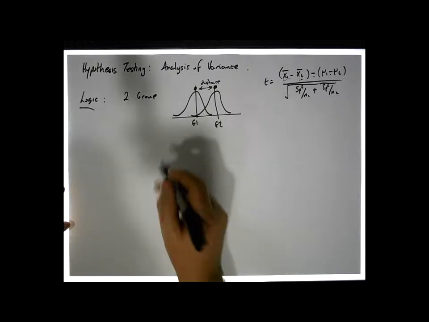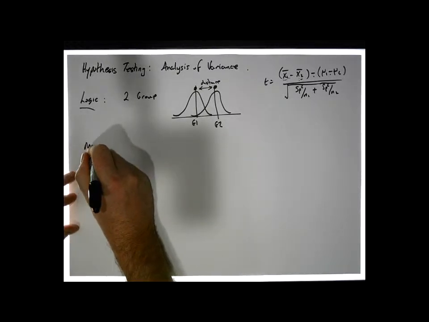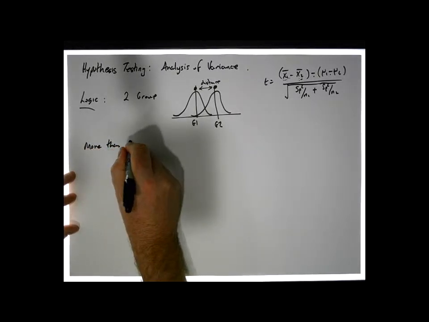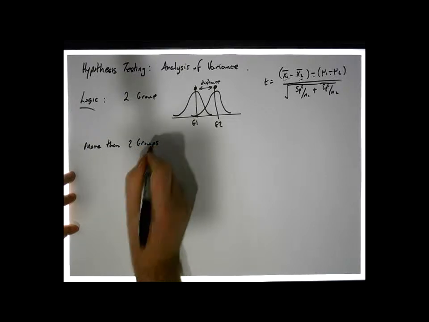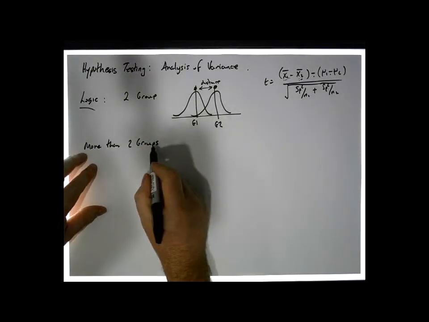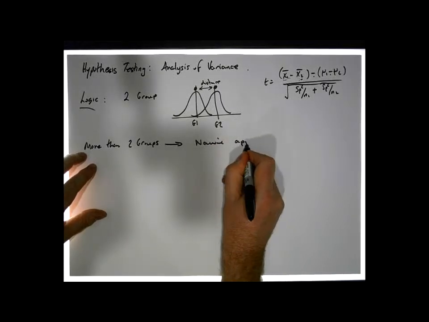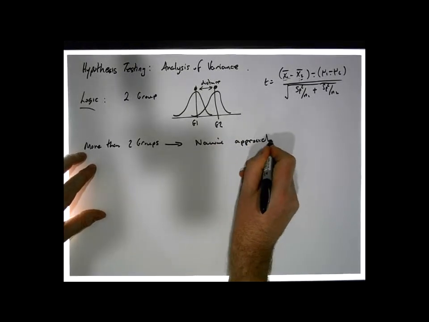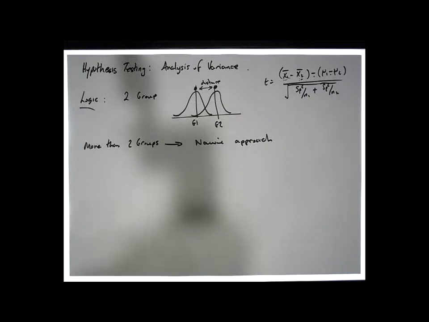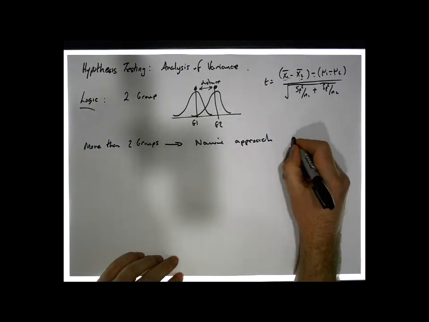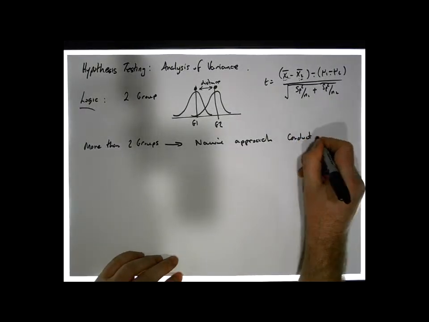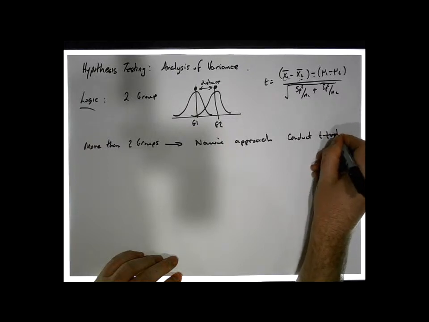Well, when there's more than two groups, the naive approach would be, since we're trying to find out whether there are differences between the groups, why not conduct t-tests? That's something we could do.